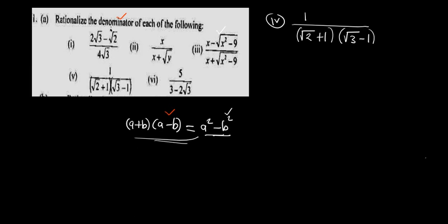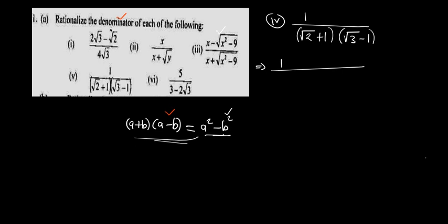Rationalizing the denominator, what you are going to do is we'll say we have 1 there. We need to multiply this. We need to rationalize this and also this, so we do the conjugate of each. Remember, whenever you see this, do the conjugate.